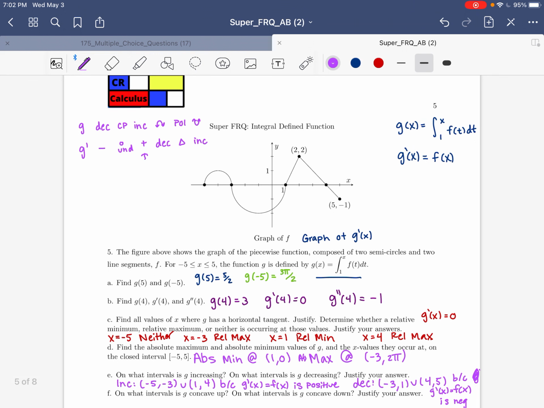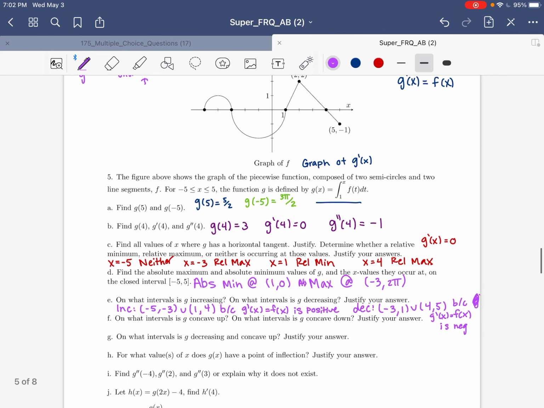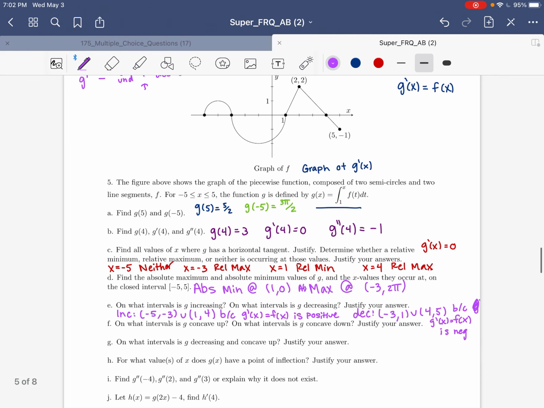Okay, where is it concave up? So that's going to be any time that G prime is increasing. So it's going to be increasing from negative 5 to negative 4, and then from negative 1 all the way to 2.